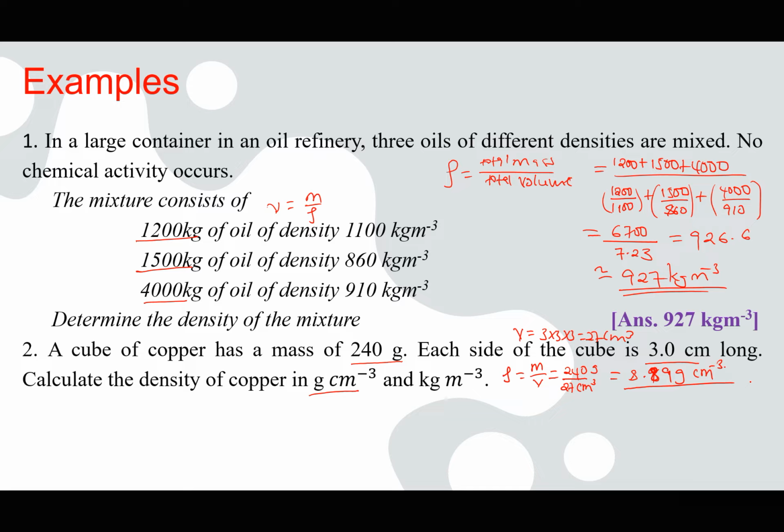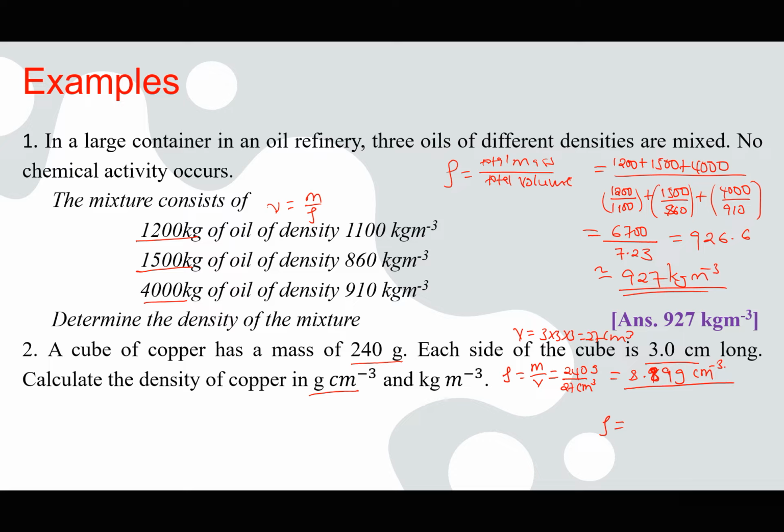If you wanted it in kilograms per meter cubed, you have two ways of doing this. If you are very good at your IGCSE, you would multiply this by 1,000. But if you're not good at IGCSE, you can first convert each of these to SI units. So the side of the cube will be 3 times 10 to the power of minus 2 in meters.